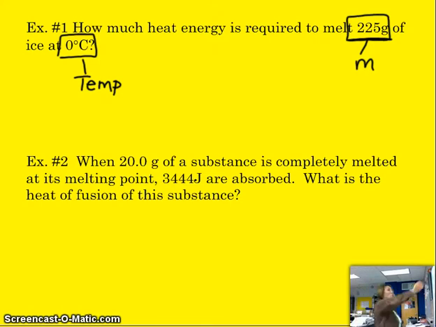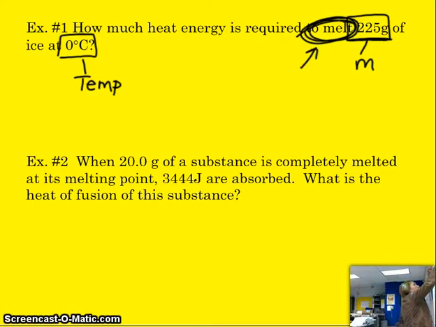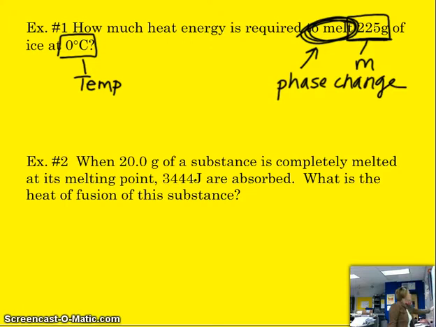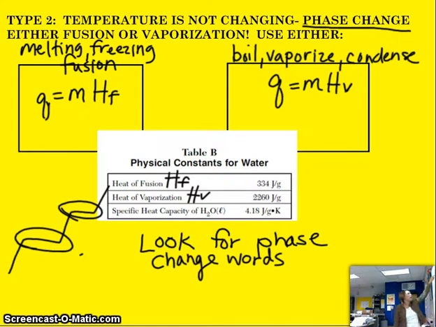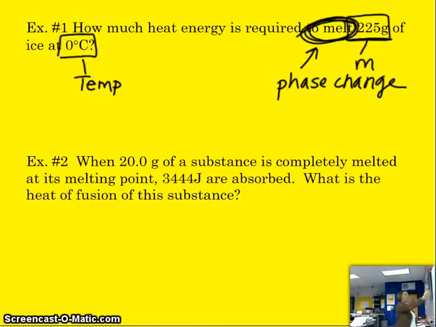There's a phase change word in here. So we have to get used to looking for phase change words. Melting is in our equation. This is our phase change word. And if melting is in our equation, now we know what equation to use. Just going back, when we are melting, we're going to use Q equals MHF. So I write down my equation, and I go back and I find out what they're asking me for.